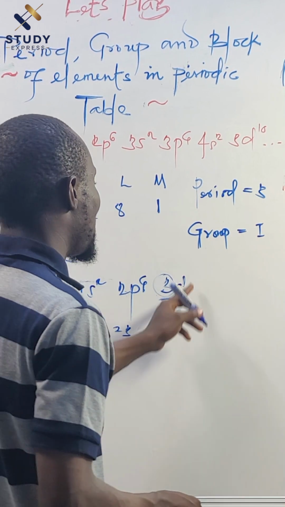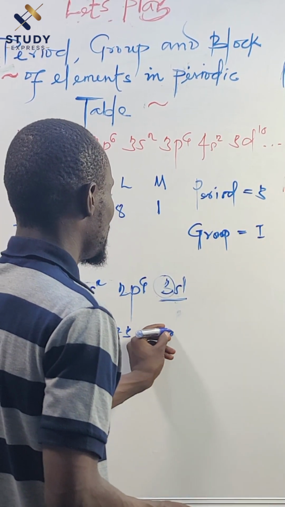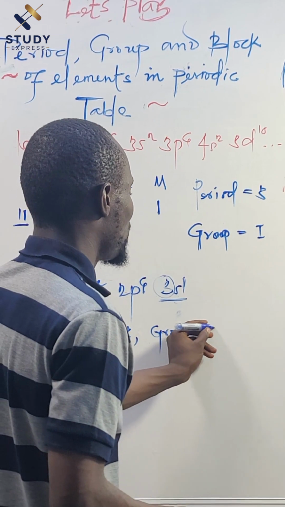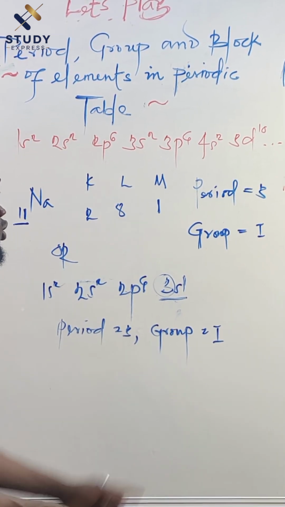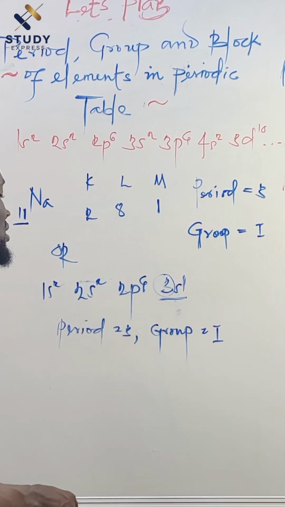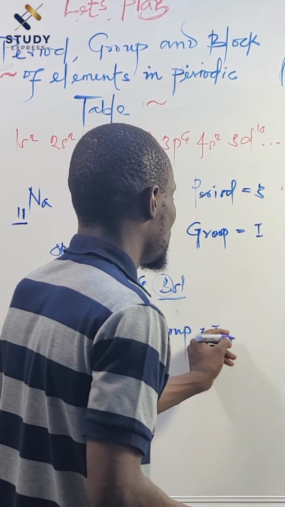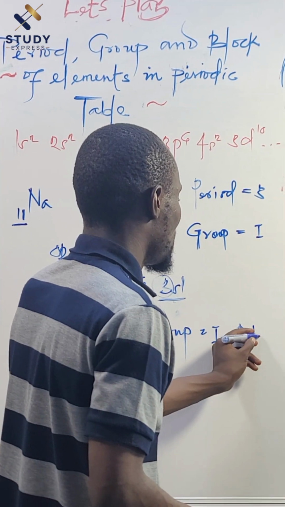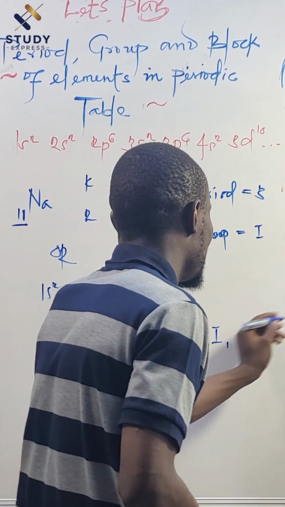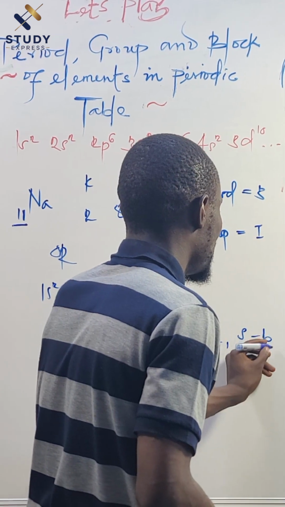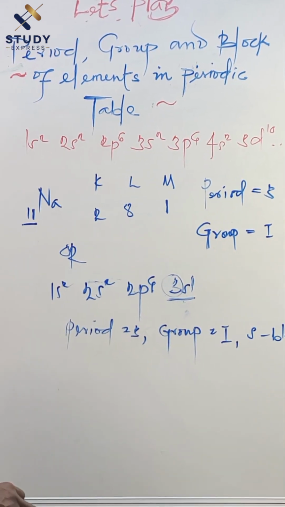What about this one? The 1 is the group. So that gives us group 1, using the Roman numeral. And the last one is the block. Your block is the orbital. So we have the s block. Very simple and very, very direct.